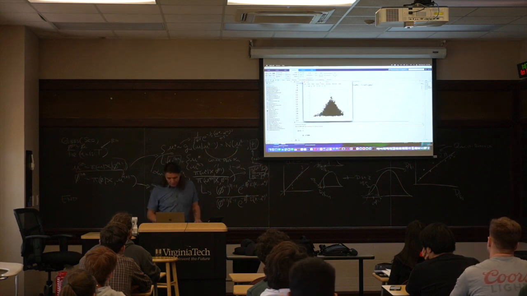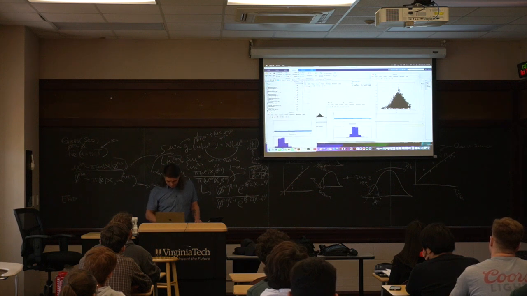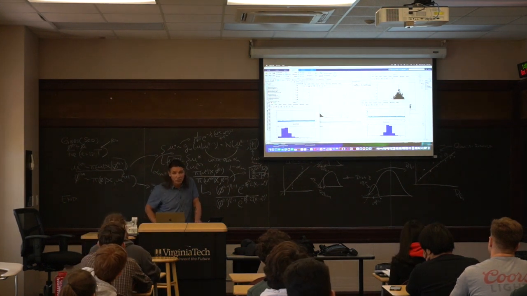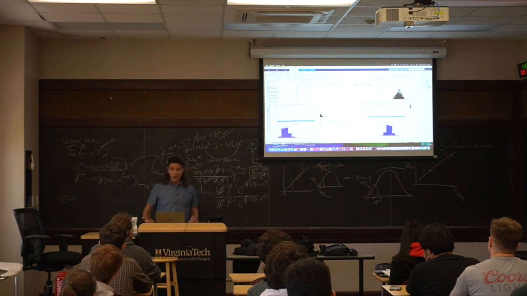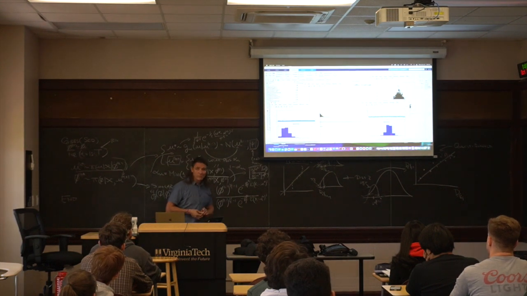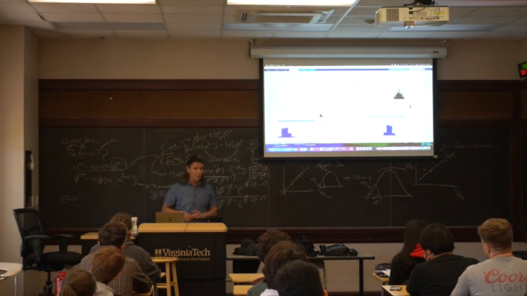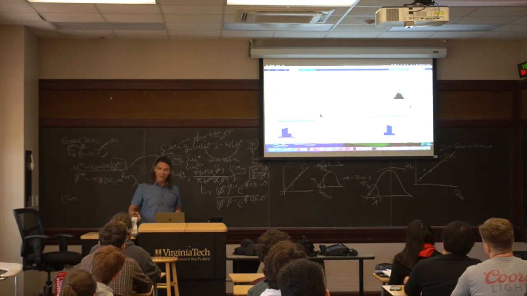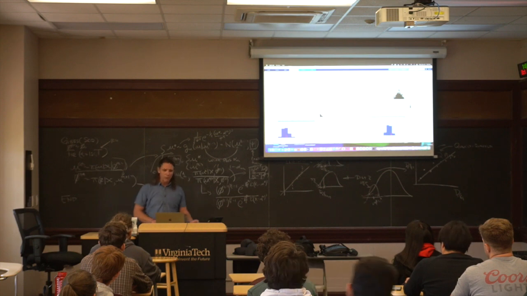I left the burn-in period in this plot and my other plots, but my histograms here don't have the burn-in period in them. A lot of times I like to just see it. So I like people to show it to me. When I have students working on these things, I really like them to show it to me. So they're showing me that their code works, you know? Do it again. Show me another plot.